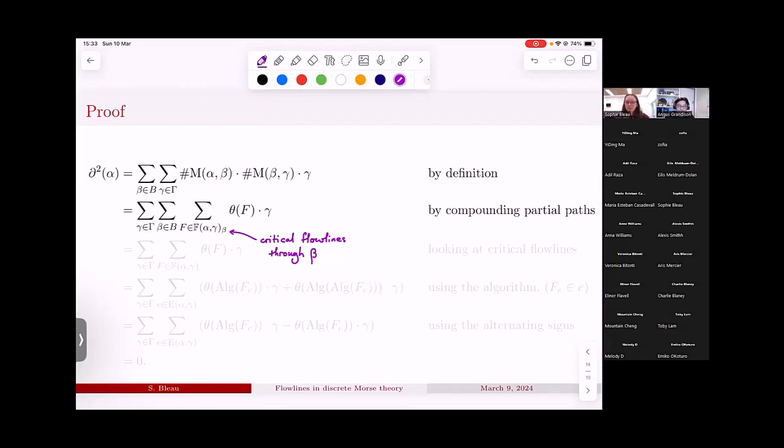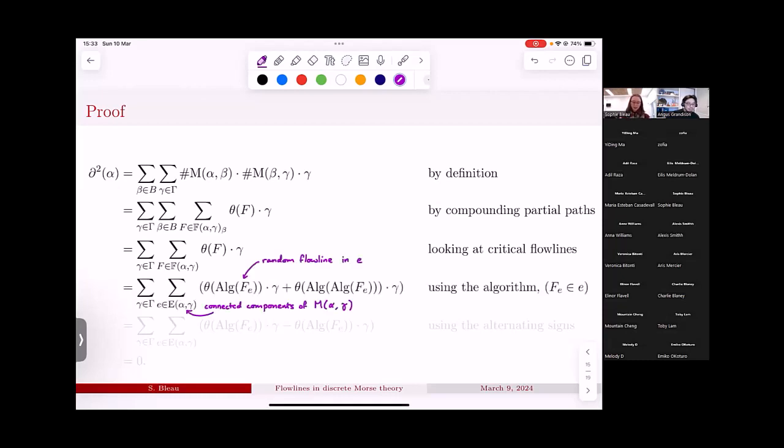That will give us exactly the same thing. But there's another redundancy in there. We don't really need to specify beta. We can say, take all the critical flow lines from alpha to gamma. That will cover all of the critical flow lines through beta for all beta exactly once. So these are equal. But we also know that every critical flow line is a boundary of one of the equivalence classes of the moduli space.